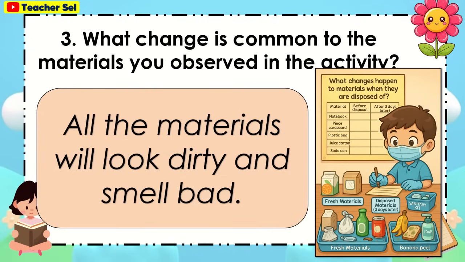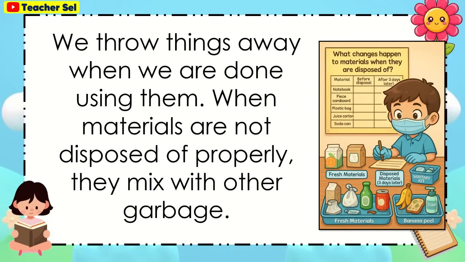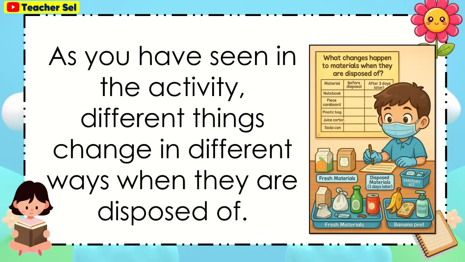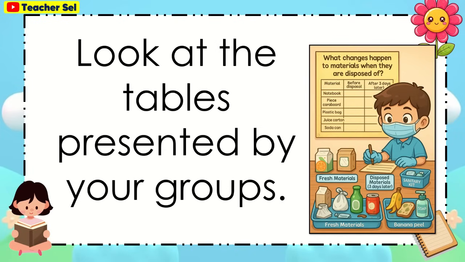All the materials will look dirty and smell bad. We throw things away when we are done using them. When materials are not disposed of properly, they mix with other garbage. As you have seen in the activity, different things change in different ways when they are disposed of.